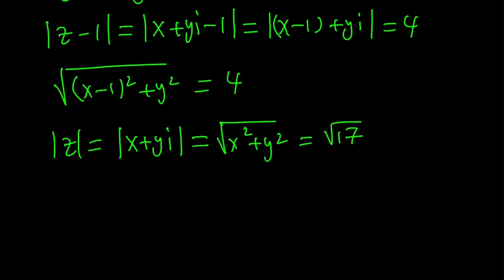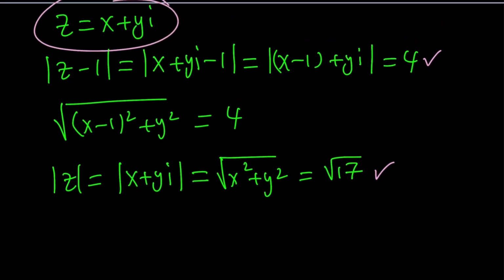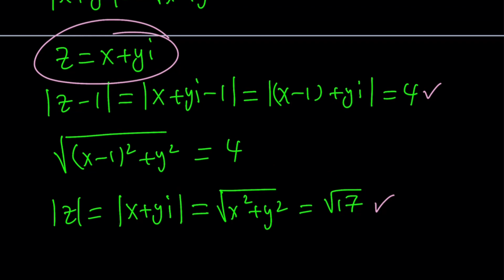So two of these values are basically given to us, and now we're supposed to find the complex number that satisfies this. So our goal is to find z, which means finding x and y. I'm going to show you how we can find it, and then I'll also show you a graph at the end, which is pretty interesting. So we're going to look at it from a geometric perspective too.